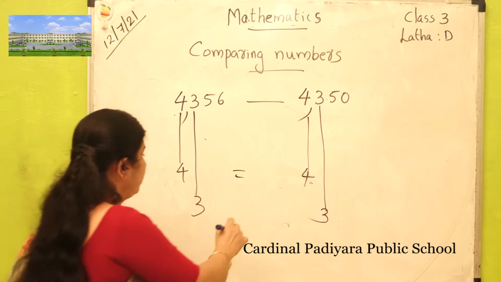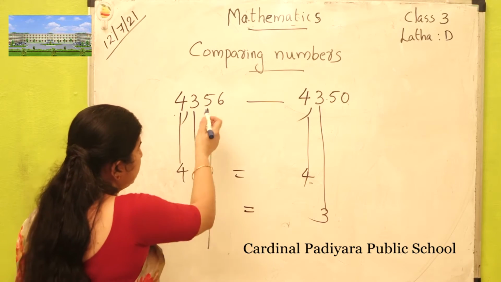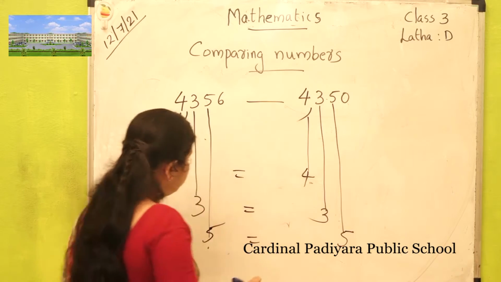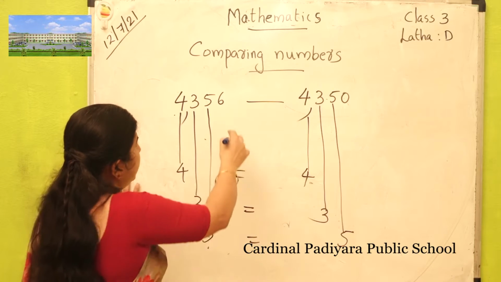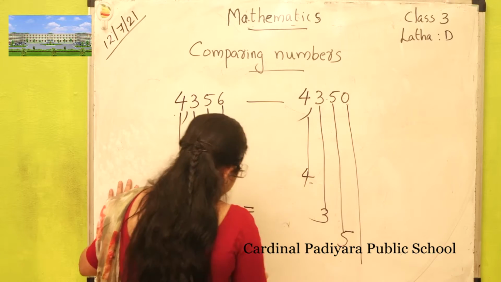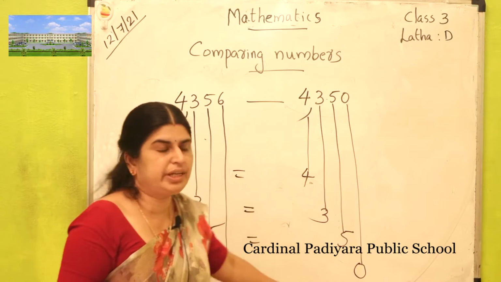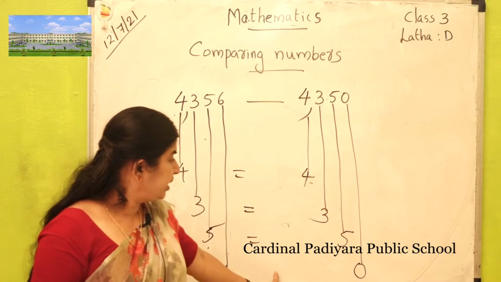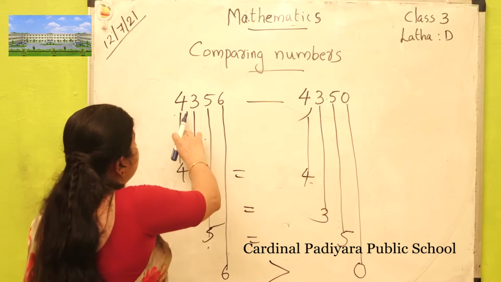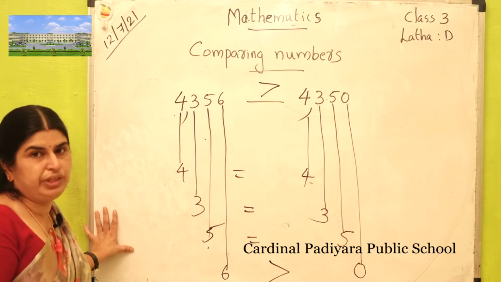These are also equal. Then we compare the tens place digit, 5 and here 5. These are also the same. Then we take the ones place digit. Here 6, here 0. Which is greater, which is smaller? 6 is greater than 0. Therefore, 4356 is greater than 4350.